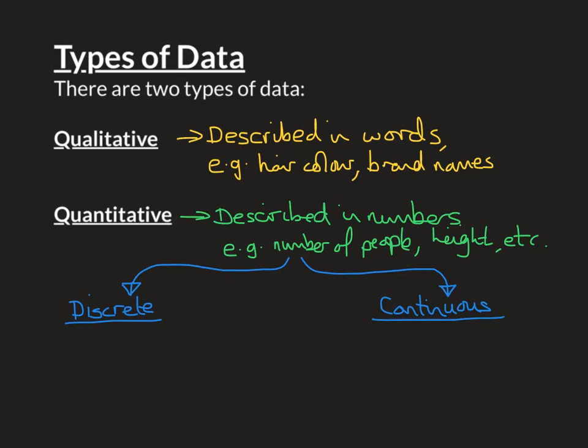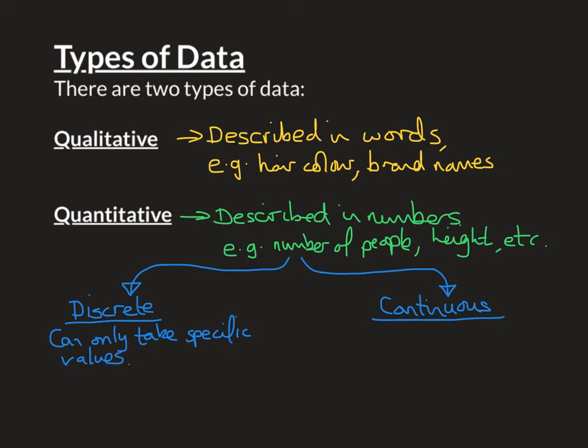And the difference here is discrete data can only take specific values.